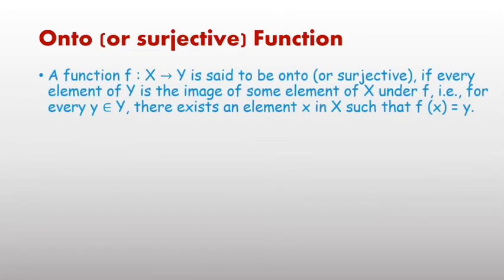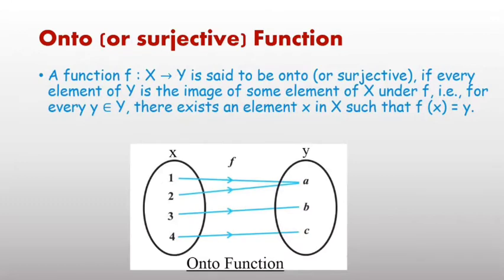Next, onto, also known as surjective function. It's very easy. A function is said to be onto or surjective if every element of Y is the image of some element of X. Or in other words, if the range of the function equals the codomain, then it is known as an onto function.